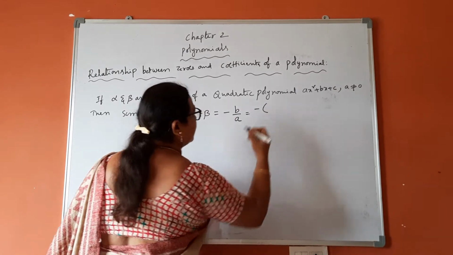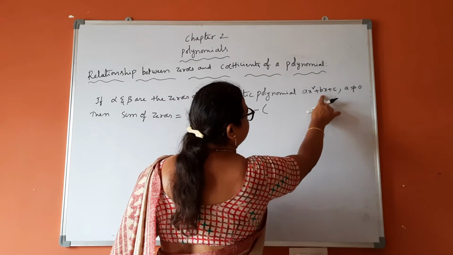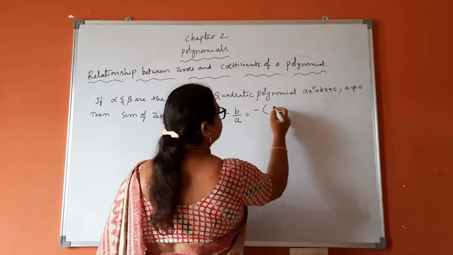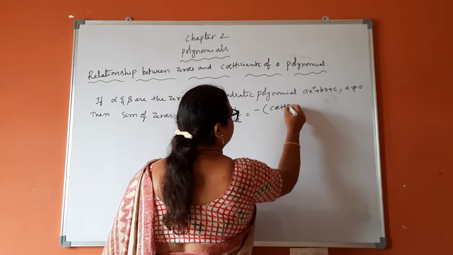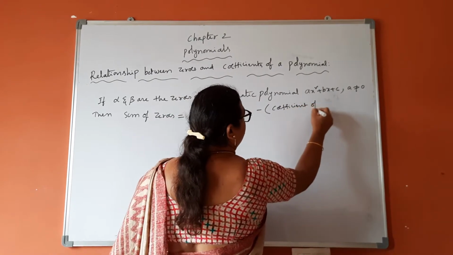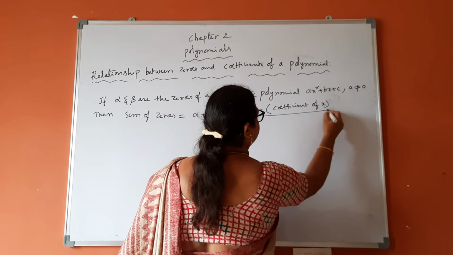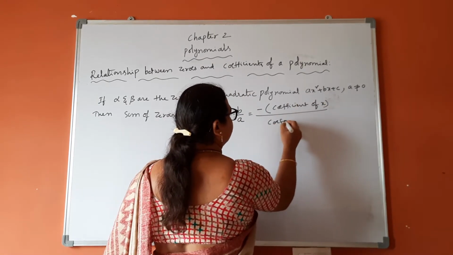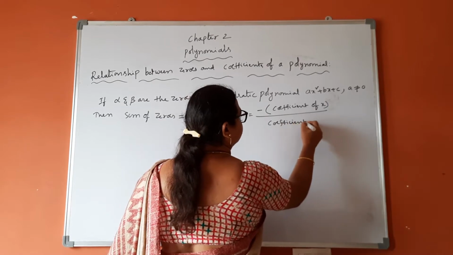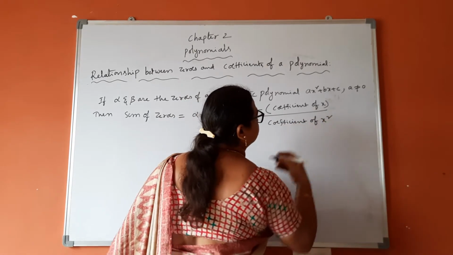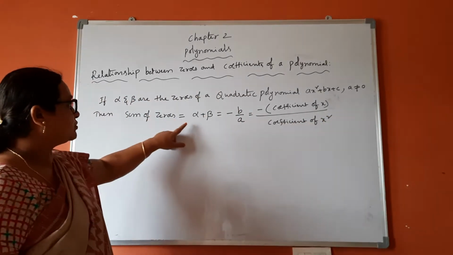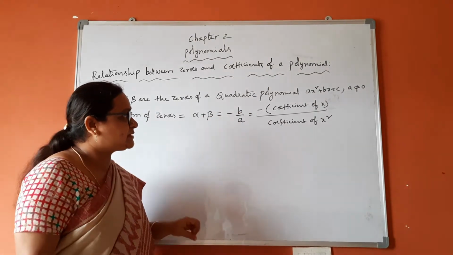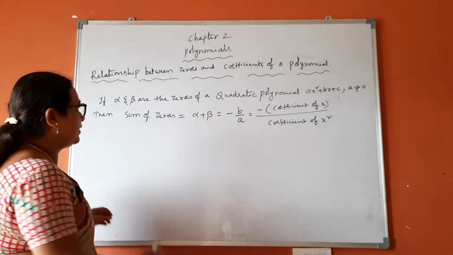Minus b means, in ax square plus bx plus c, b is the coefficient of x. So minus coefficient of x by a, the coefficient of x square. So the sum of zeros is minus b by a, that is minus coefficient of x by coefficient of x square.